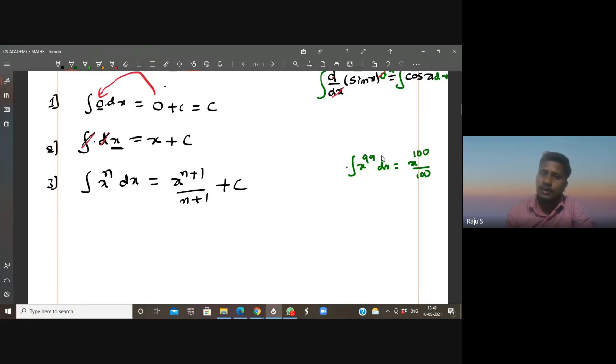You add one to the exponent, and you should write it in the denominator. For example, if I ask x power 101, 101 becomes 102, x power 102 by 102. This is the answer. For example, if I ask x power k, x power k means k plus 1: x power k plus 1 by k plus 1 is the answer. That's it. Understood?